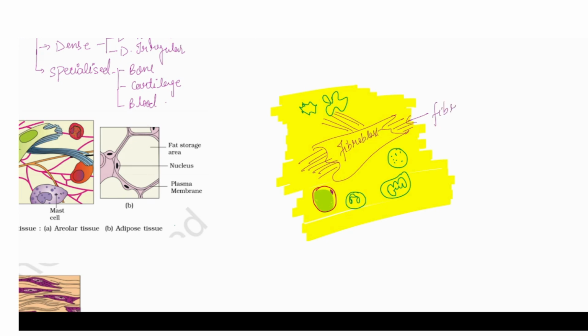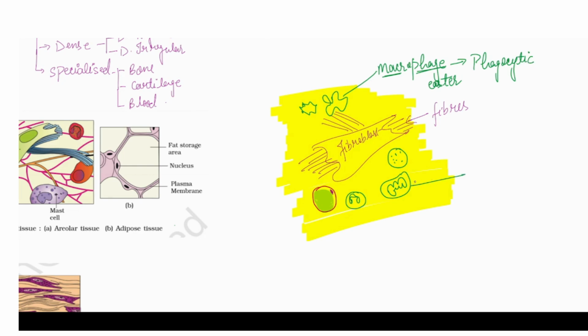And these green ones, what are they? These are the macrophages. Macro means bigger and phage means eater, the cell which eats bigger molecules, bigger cells, bigger bacteria. It is phagocytic in nature.